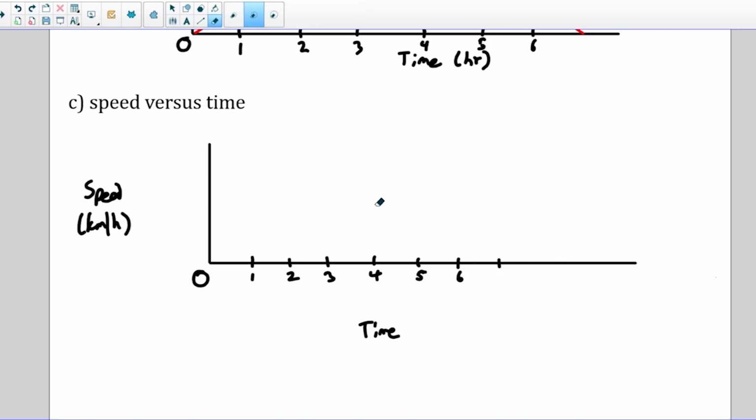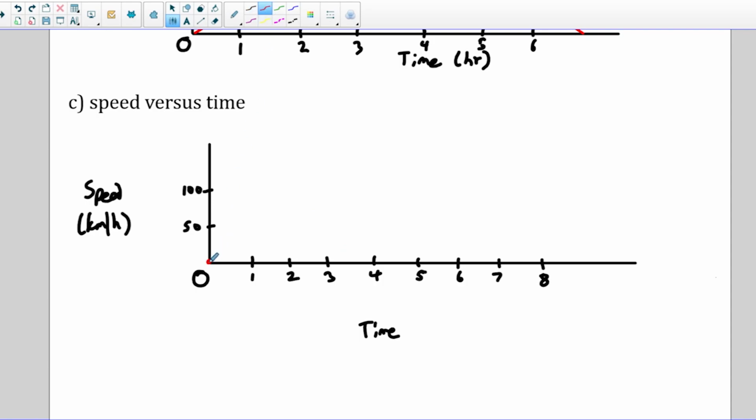Apparently I can't count. So 6, 7, and 8. And then our speed, we are topping out at 110 km/h, so I don't really need anything crazy here. Let's go from 50 to 100, like so.